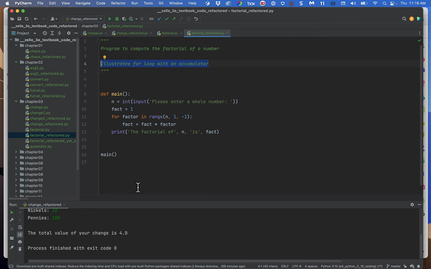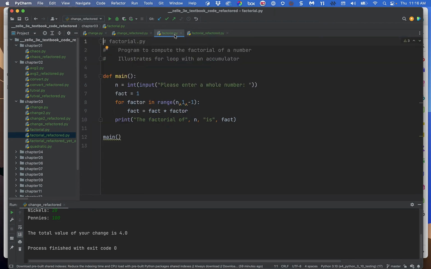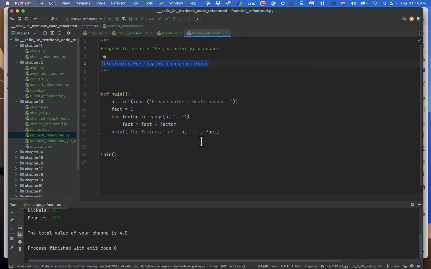Okay. What else did we change? He used int. Okay. I put better spacing in here. Okay, I added a line between the end of main and the call to main. Okay, and we just generally cleaned it up.